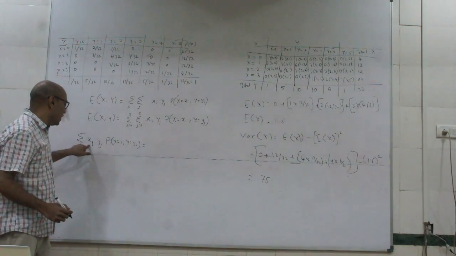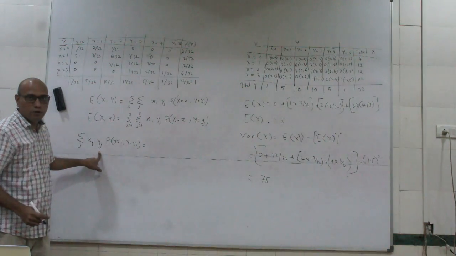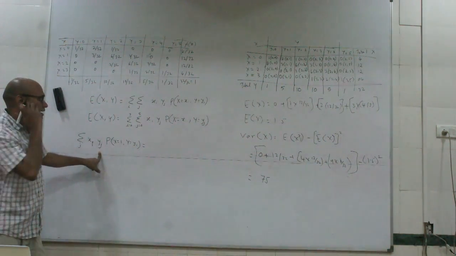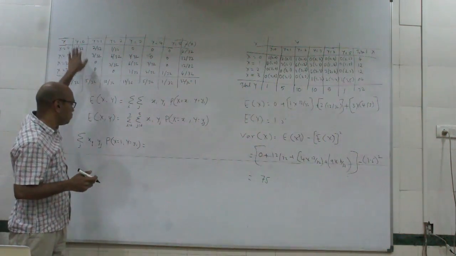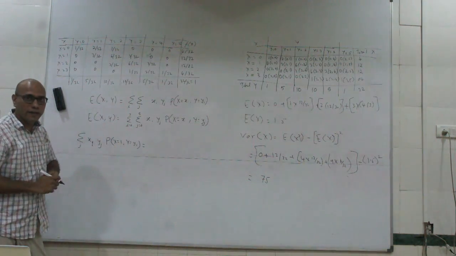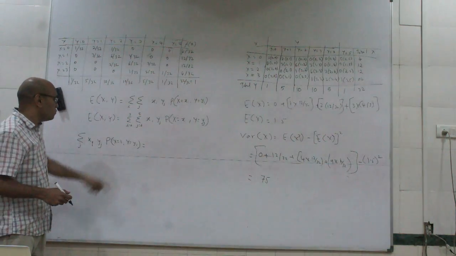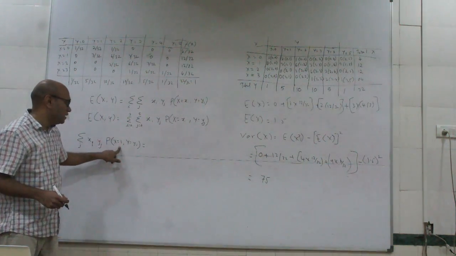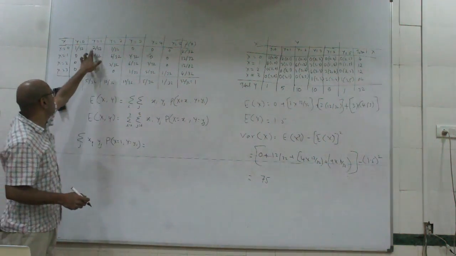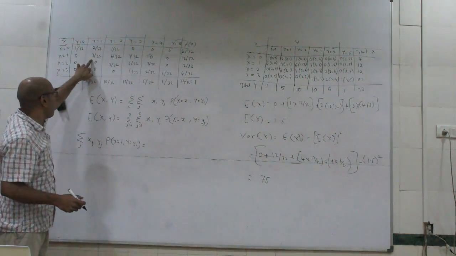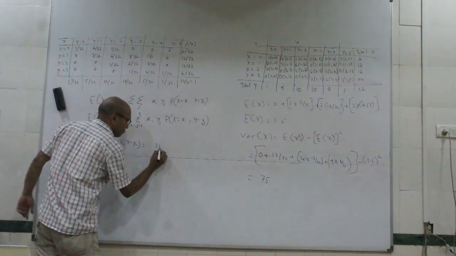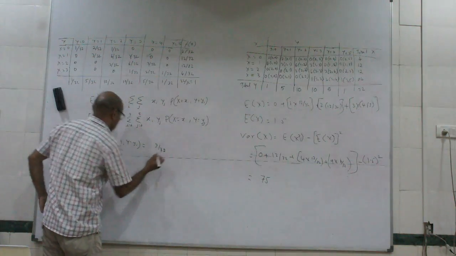Probability, basically x is equal to 1, y is equal to j. If I take y as 0, no point in further computing it, so I take y is equal to 1. Y is equal to 1, x is equal to 1 is some probability. Y is equal to 1, x is equal to 1 is 3 by 32. Right?